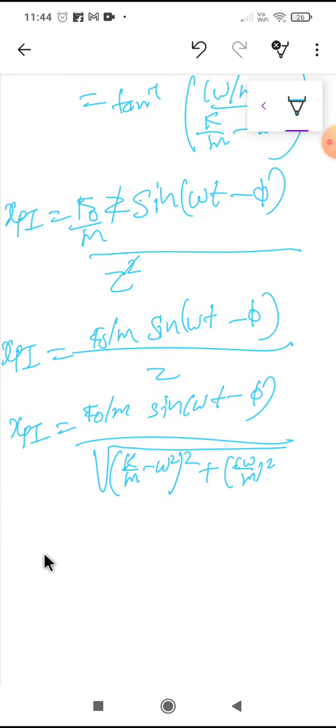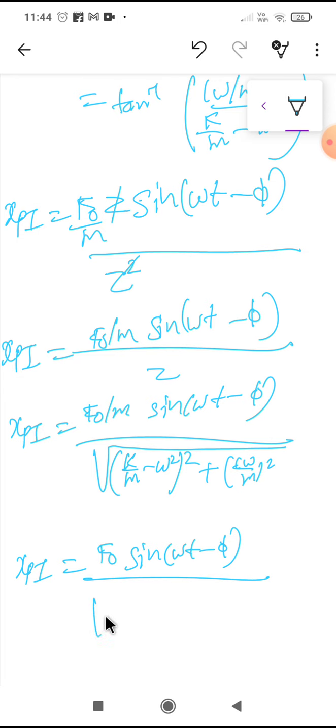Now let me take the LCM of m and cancel out m. So we are left with f0 sine omega t minus phi divided by the root of (k minus m omega square) whole square, divided by m square, which I am taking common, plus (c omega) whole square.